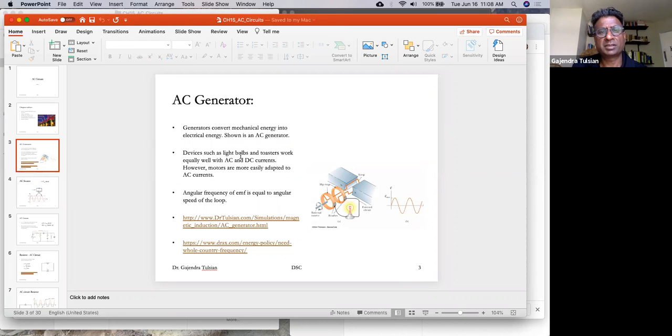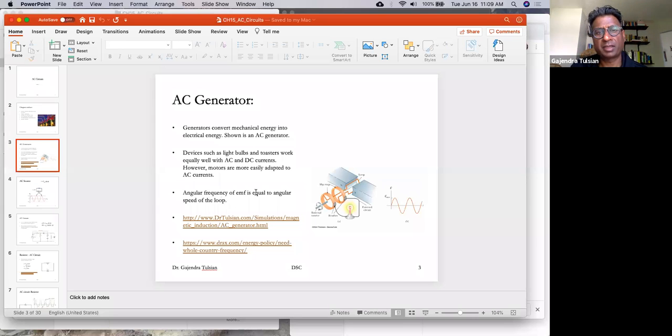Now, devices such as light bulbs and toasters work equally well with AC and DC currents. However, it turns out motors are more easily adapted to AC currents. And like I've said before, a sizable fraction of our work is done by electric motors.